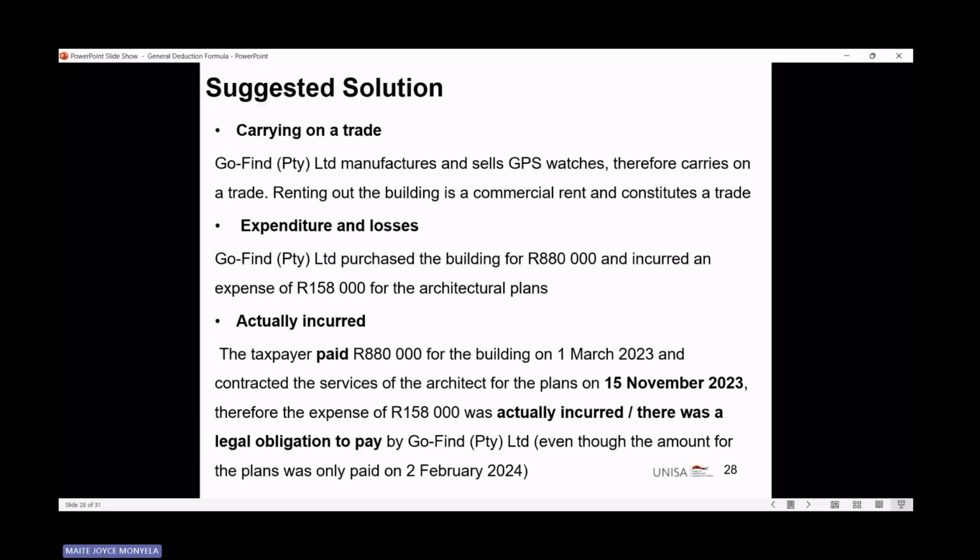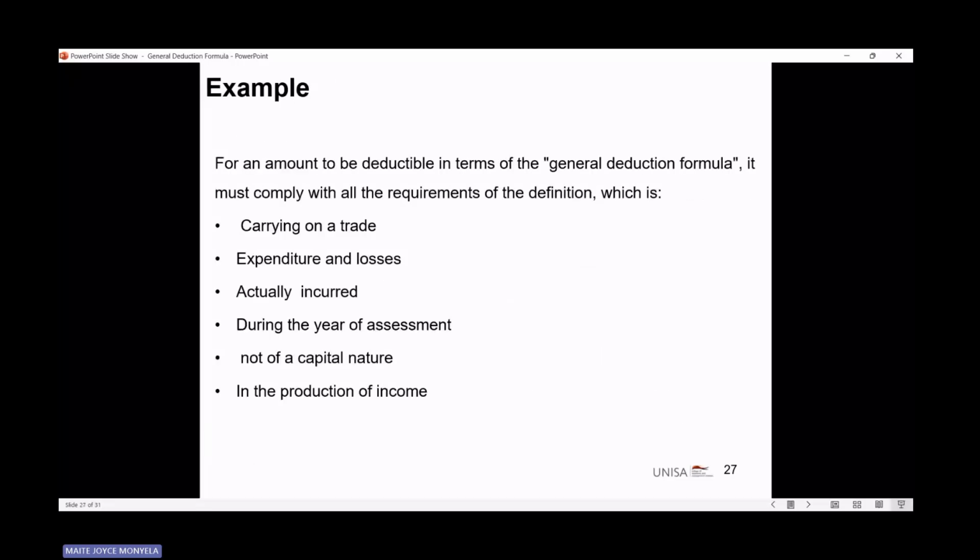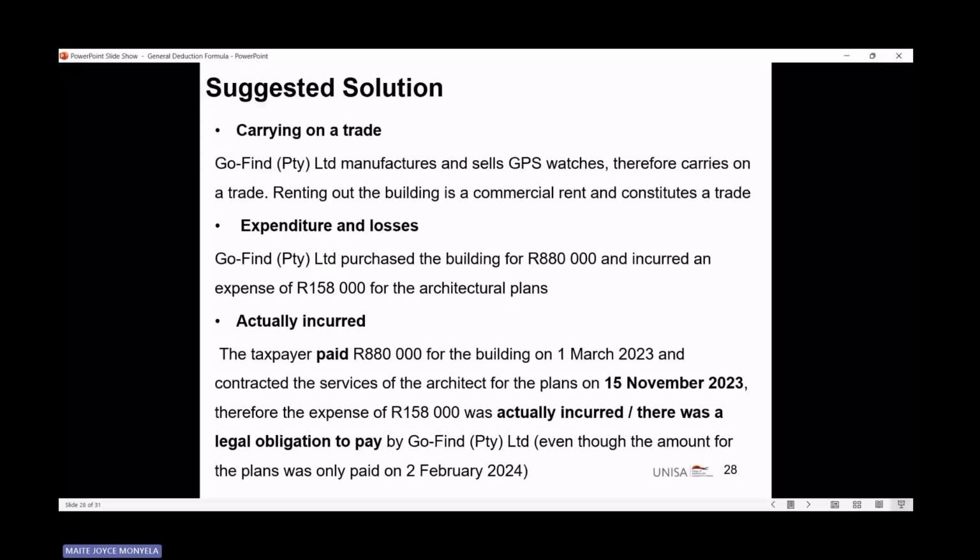We talked about the carrying on of a trade. I went to the definition and showed you that trade, business and rental also qualify as a trade. And then expenditure and losses: they paid money, they incurred expenses of 880 and 158 for the building and architecture plan. Yes, it's expenditure and losses.